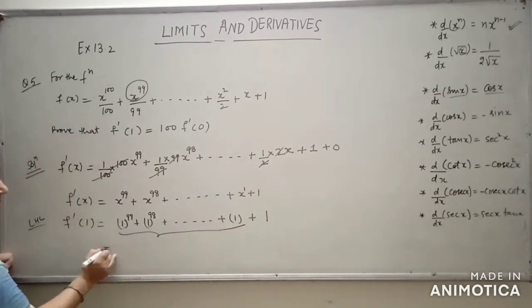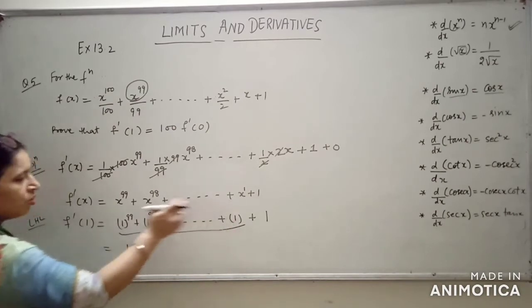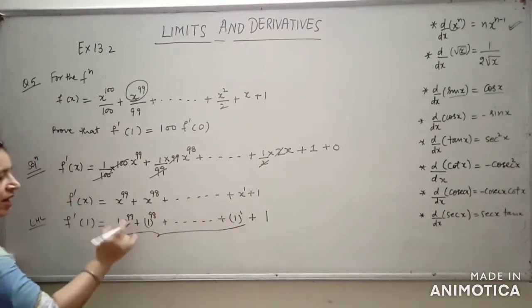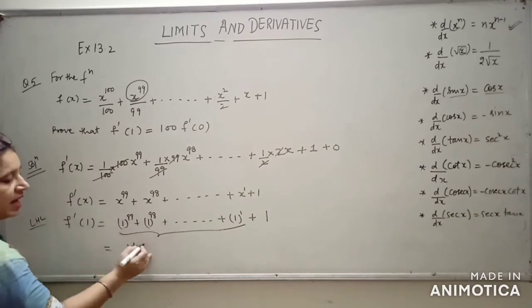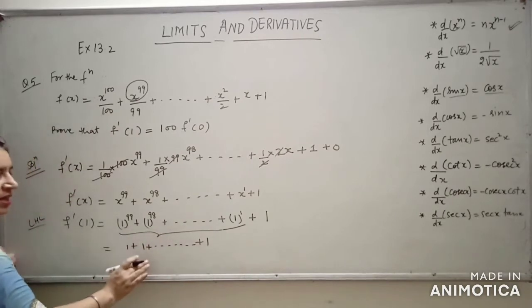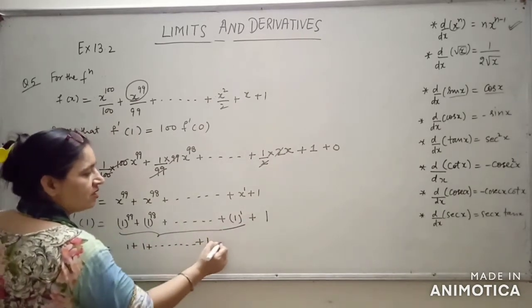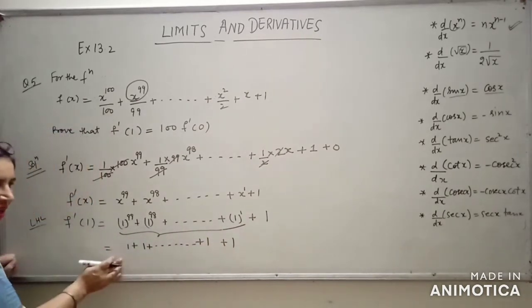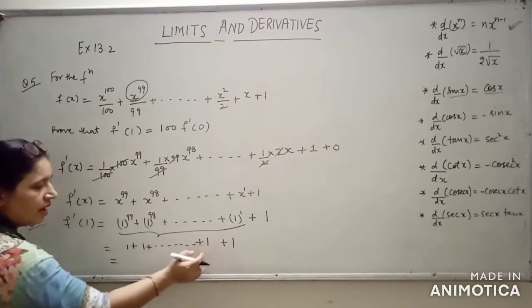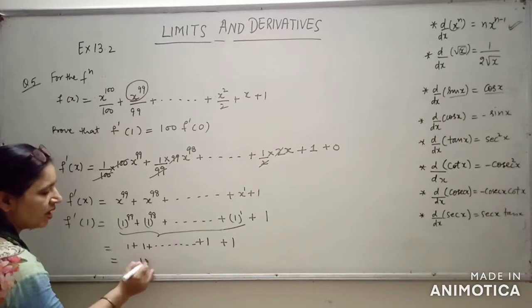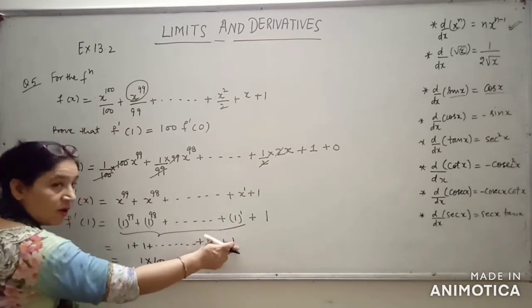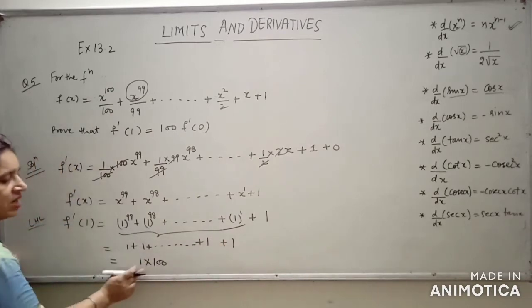You can see, it is 1 to 99 because it is 1 raised to power 1. So it is 99 times 1, and the last one, so 99 plus 1, this 1 is 100 times.